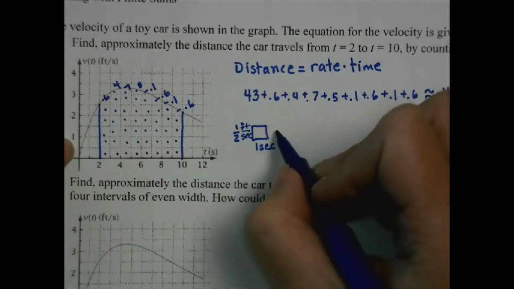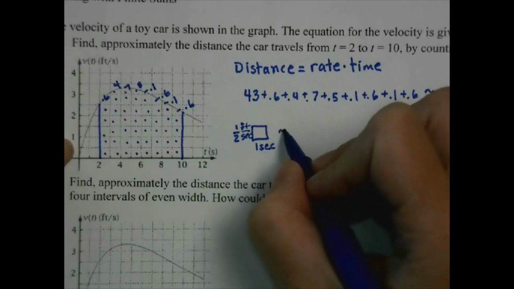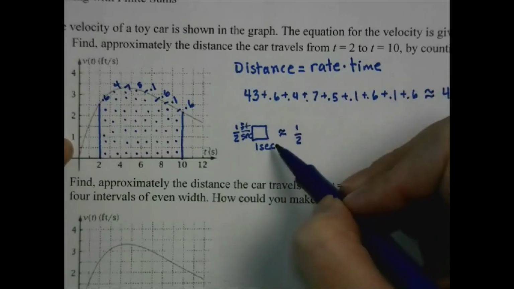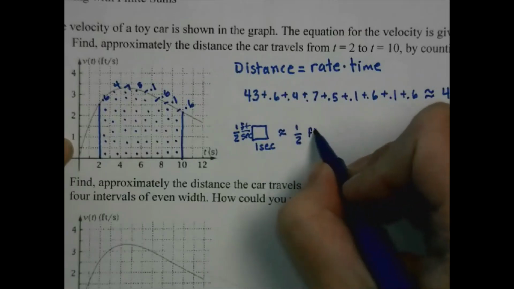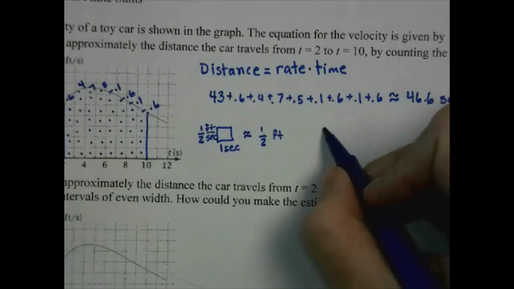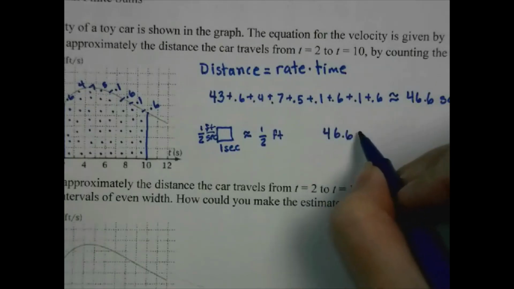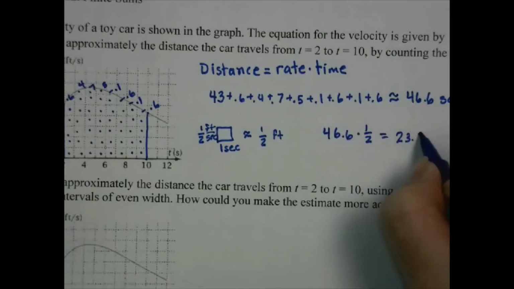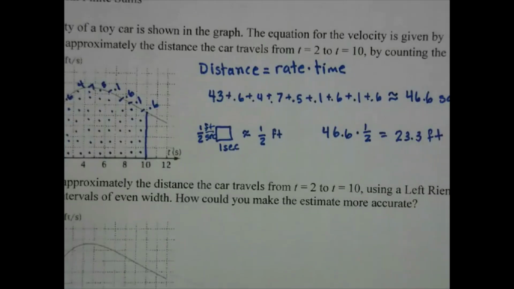So the area of the square is actually going to be 1/2. If we multiply feet per second times seconds, that's going to be 1/2 of a foot for each square. So I'm going to take my 46.6, multiply that by 1/2 to get about 23.3 feet.